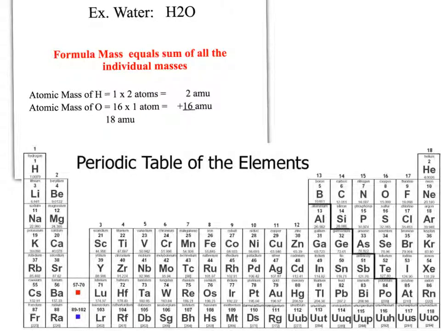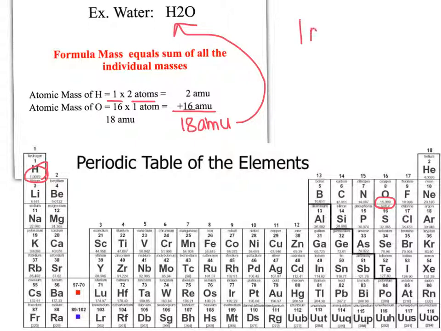On this slide, we have the same thing showing water. The atomic mass of hydrogen is 1, and there's 2 of them in a water molecule. And then oxygen is 16, and there's 1 of those in a water molecule. If we add this up, we get that a single molecule of water would weigh 18 AMU.